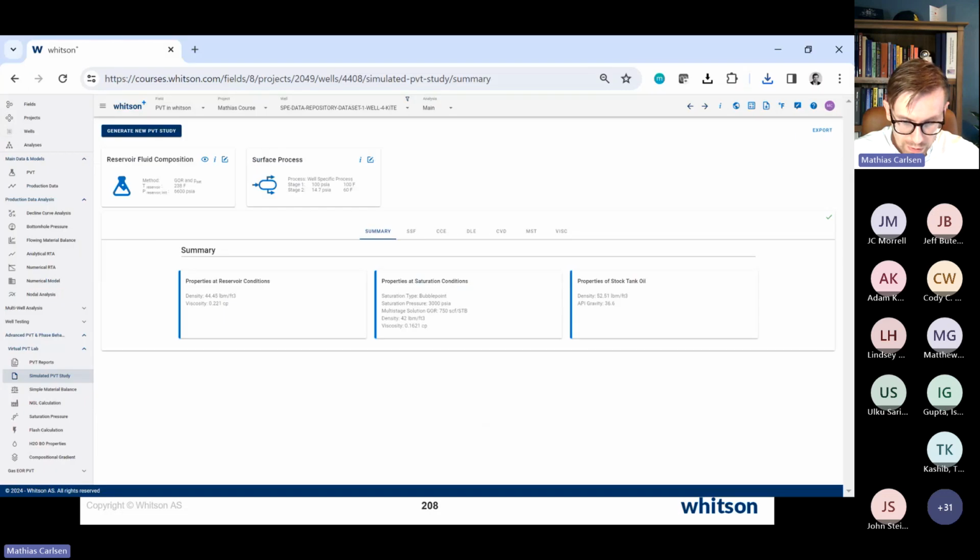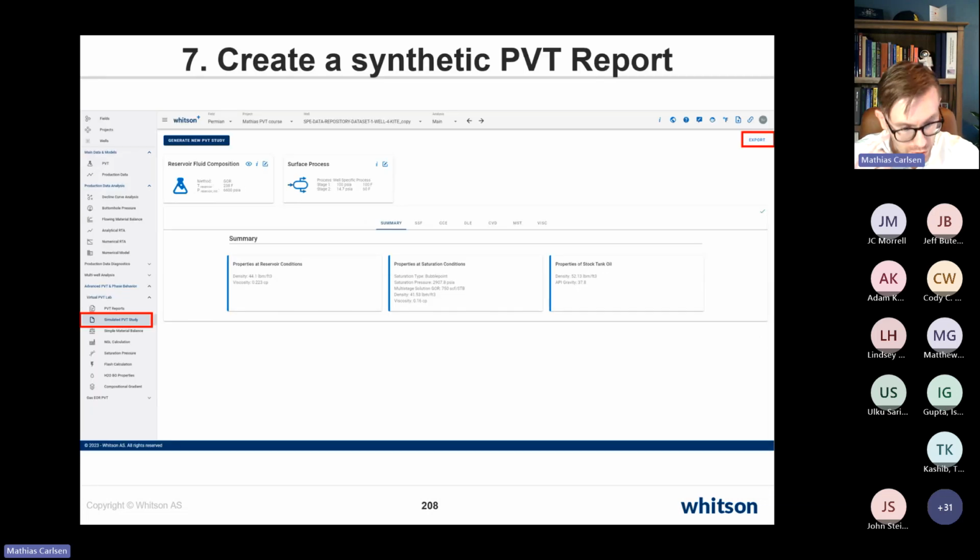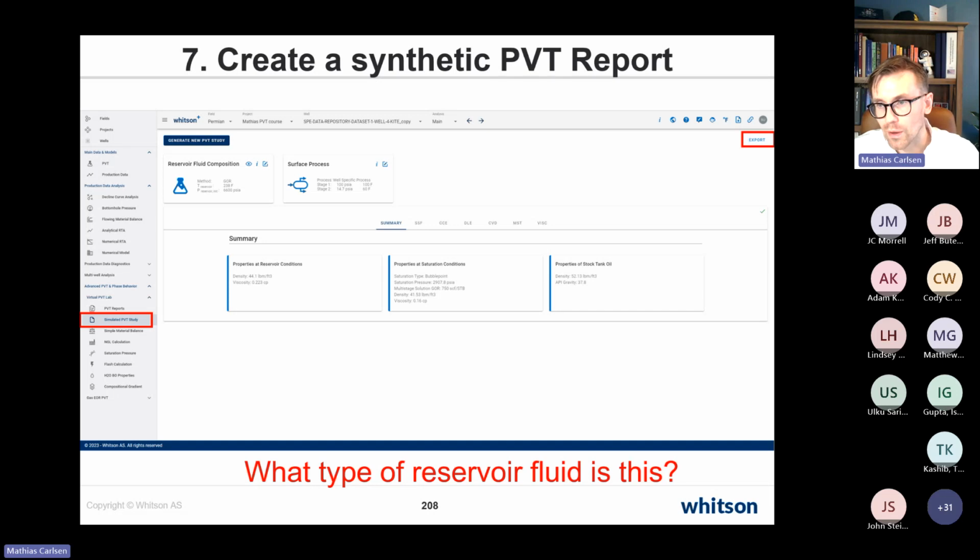So when we look at this, what kind of fluid do we think it is? That will be my question to all of you, and please answer in the chat if you have anything.